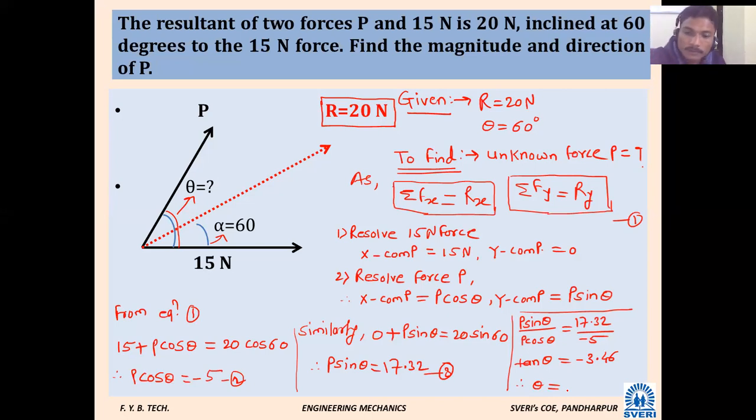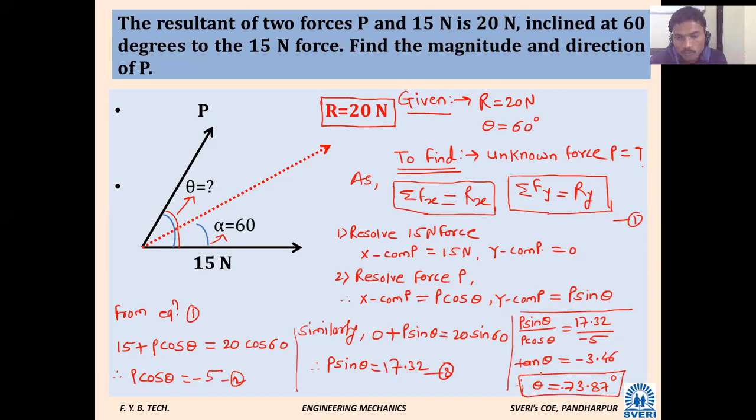Theta we have to find first. Minus 73.87. Minus 73.87.